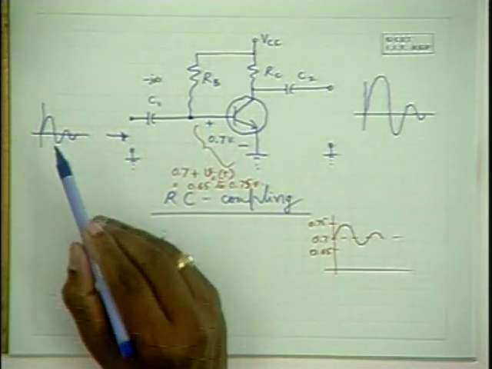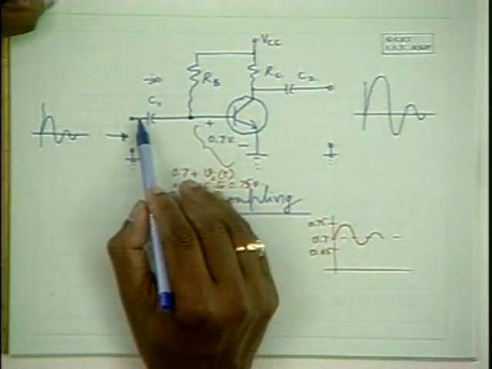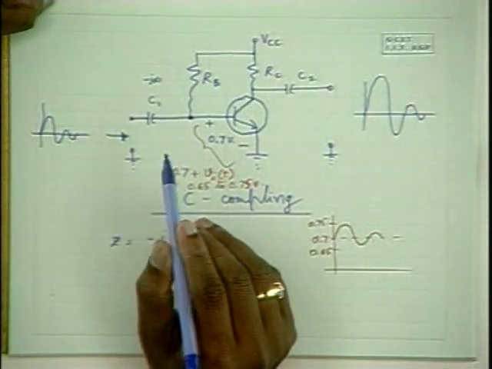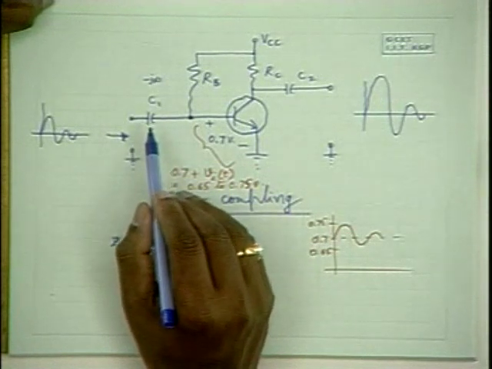If it is hi-fi speech, it is between 20 hertz and 20 kilohertz. Now for all these frequencies, the capacitor should act like a short circuit. So if you use a few tens of microfarads here, it can act almost like a short circuit for all the frequencies.